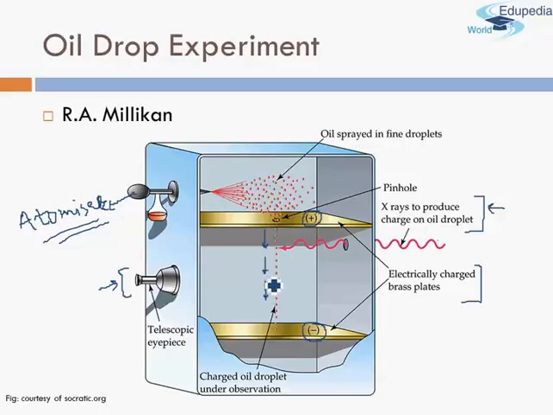Gravitational force acts downwards, so we will ensure that electric force acts upward. We'll maintain the polarity of these electric plates such that the electric force acting on the charged particle will be upwards. Now this electric force is going to balance gravitational force.